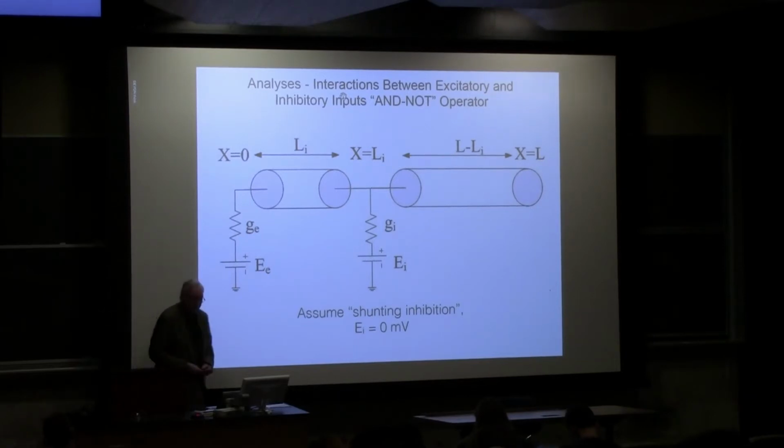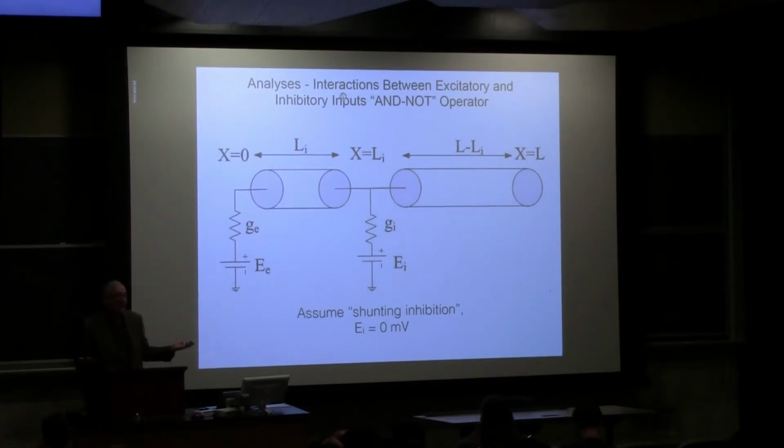In general, if a neuron has a resting potential of some value E, that is to say, the membrane is permeable at rest to ionic species whose reversal potential is E millivolts, shunting inhibitory input is one in which the reversal potential of the ions that move through the inhibitory conductance change, the inhibitory channels, is also E. Here I'm calling it E sub I for inhibitory.